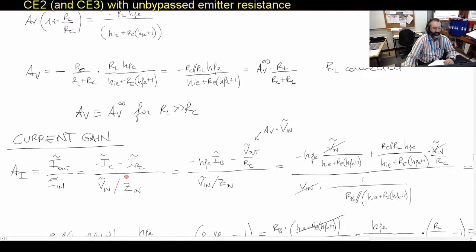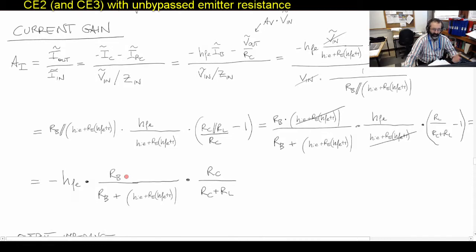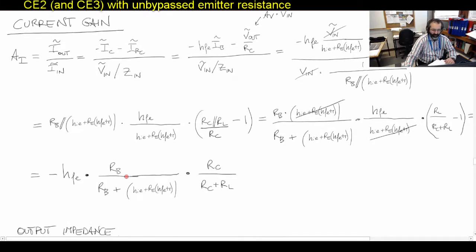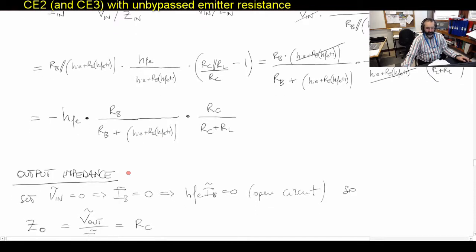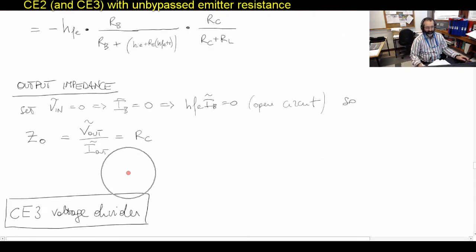And the current gain, again, after a lot of algebra, we get to a result that is very similar in principle to what we've seen today. The only thing is that here we need to add this term, we need to introduce the effect of the RE resistance. And finally, the output impedance is the same as we've seen today for all the other circuits.